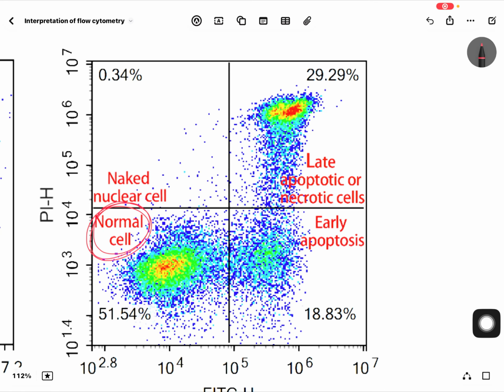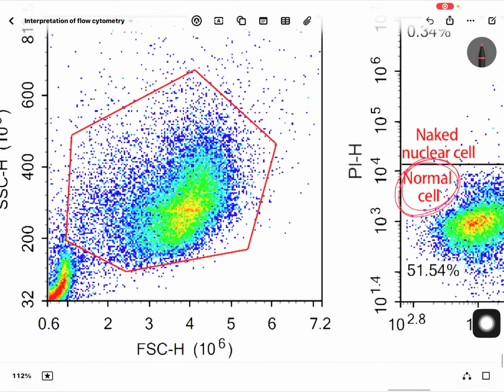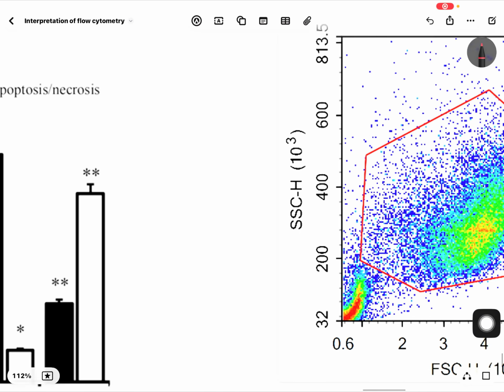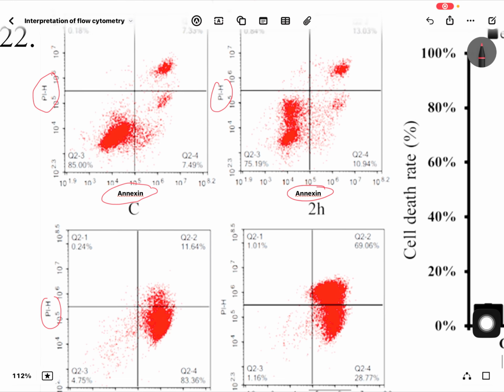This quadrant tells you about the early apoptotic cells. This quadrant tells you about the necrotic cells or late apoptotic cells. So where is this used? To check, when we give any treatment to a cancer patient, how many tumor cells have been lysed.